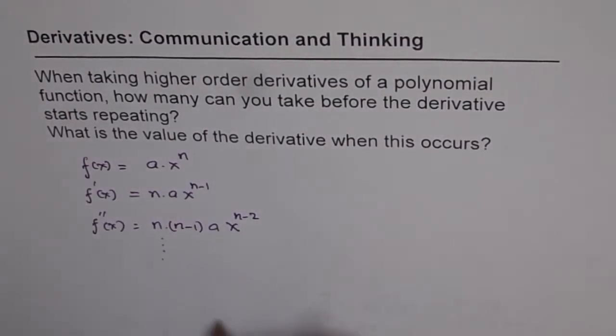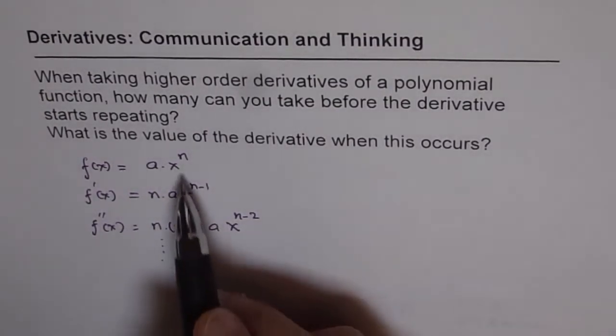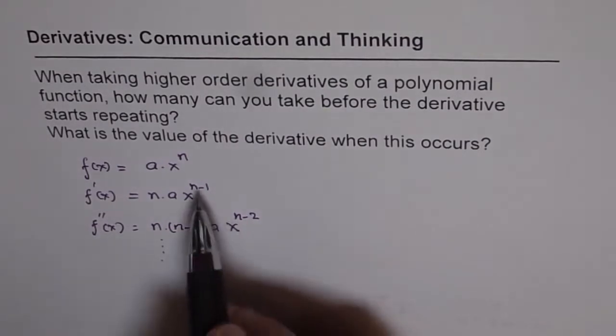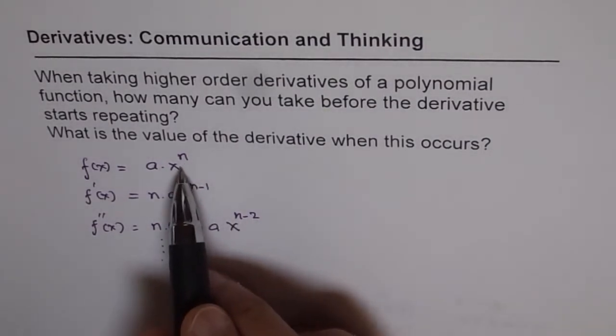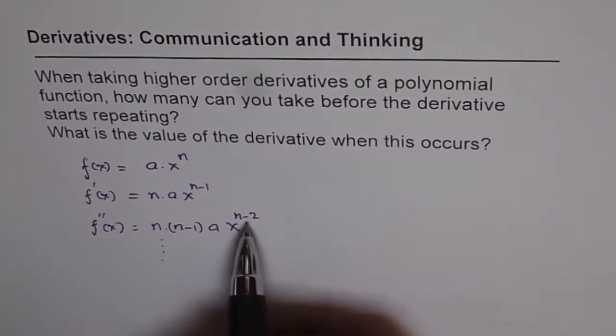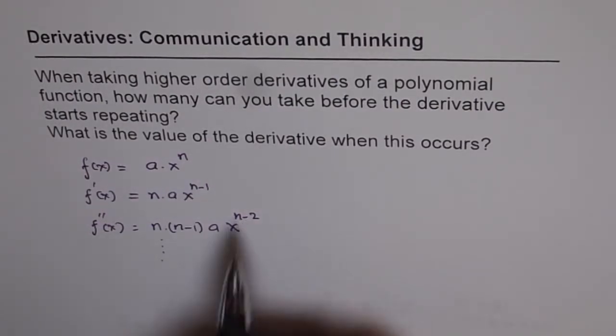So what do we see here? We see that the derivative's power starts decreasing by 1. Ultimately, if the degree is n, we'll get n minus n, which is 0. Do you see?